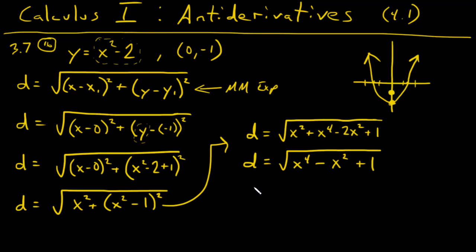So I'm going to label this d squared is equal to x to the fourth minus x squared plus 1. So d squared prime is going to be 4x cubed minus 2x.